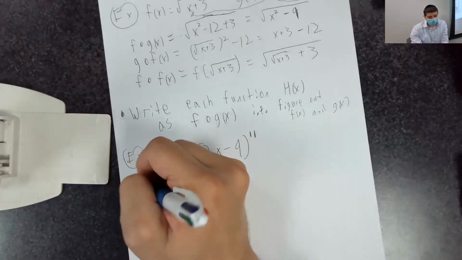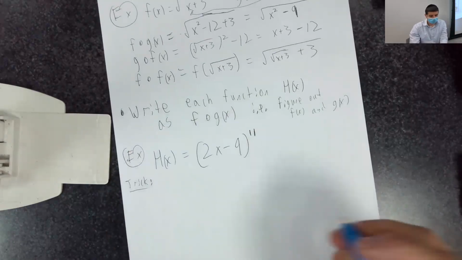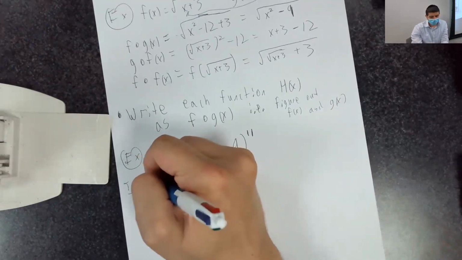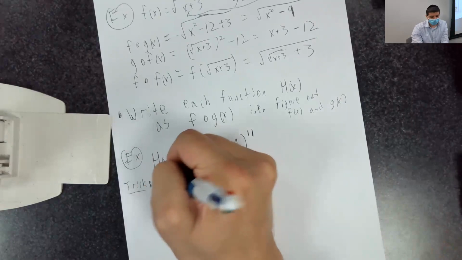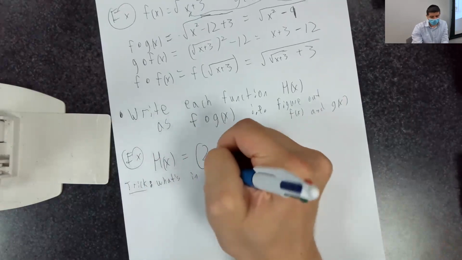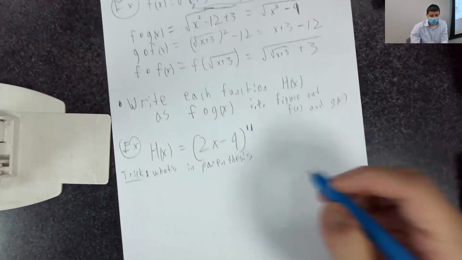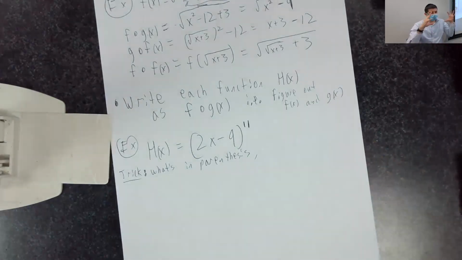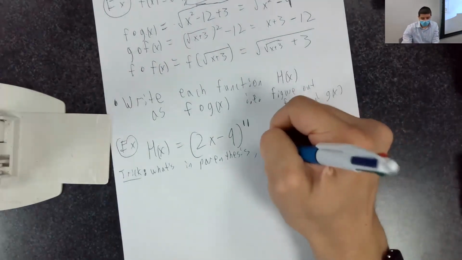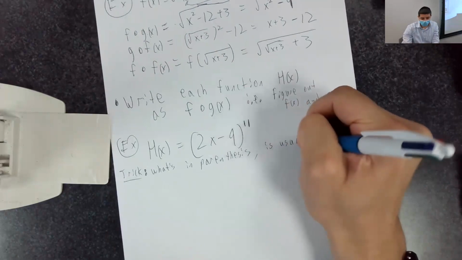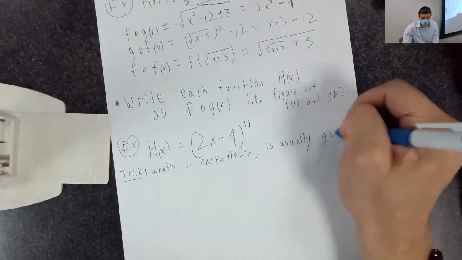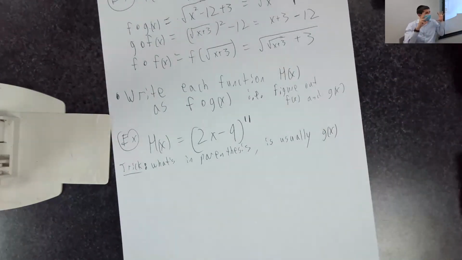Here's the trick that works a lot of the time. What you see usually in the parentheses, that's the inside function. That's the little g, g of x.